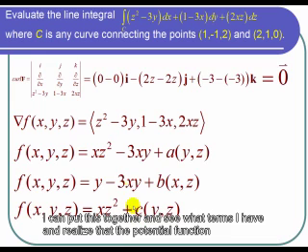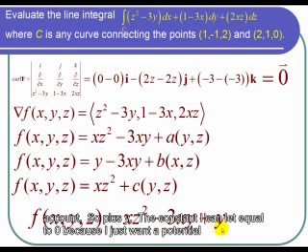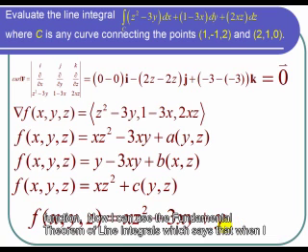So I can put this together and see what terms I have and realize that the potential function is equal to xz squared minus 3xy, and then we see we still need a y, and the other terms are taken into account, so plus y. The constant I can let equal 0 because I just want a potential function.